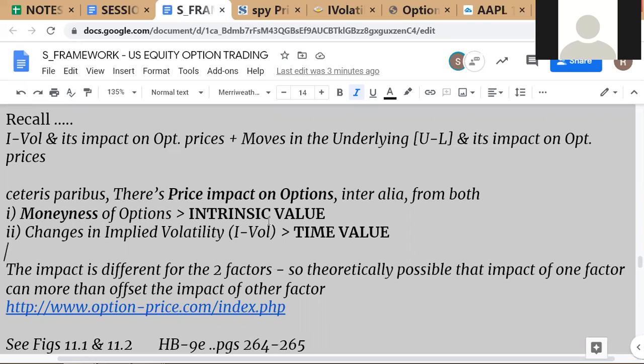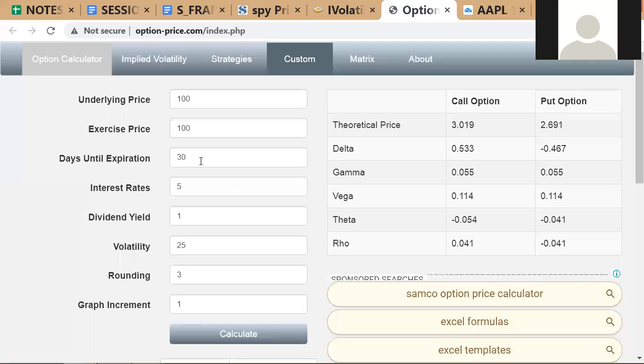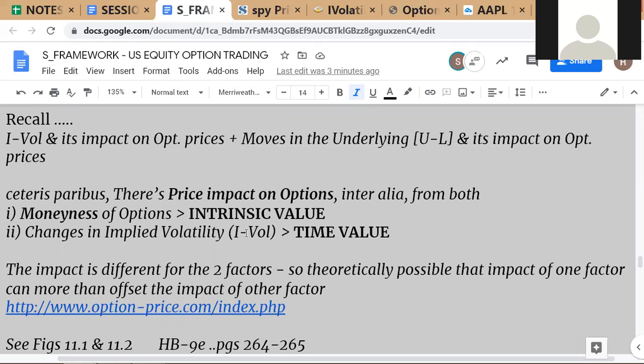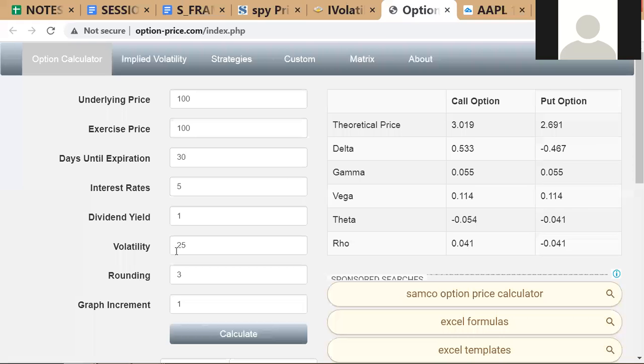In the case of intrinsic value, it is driven by changes in the movement of the underlying price. In the case of time value, as you know, it is driven by two main factors. One is, very obviously, days until expiration, and the other is the vol input.